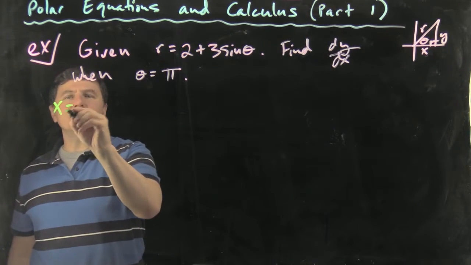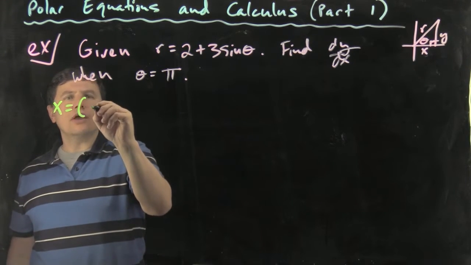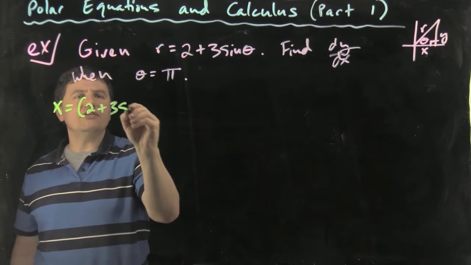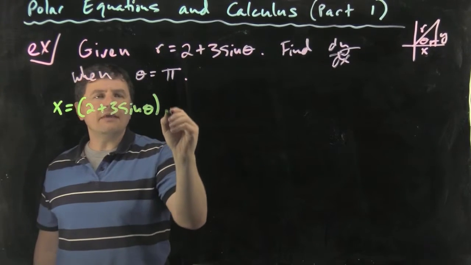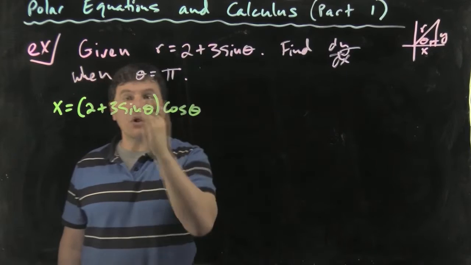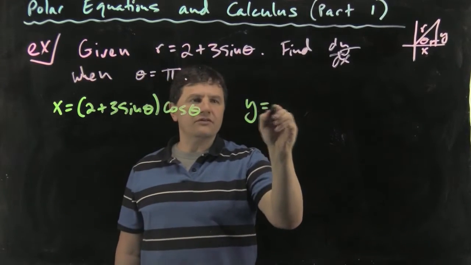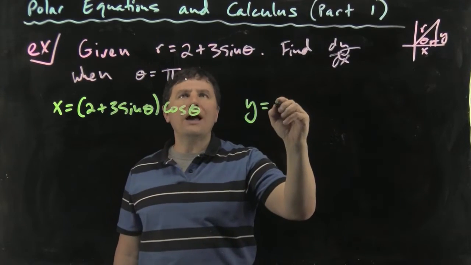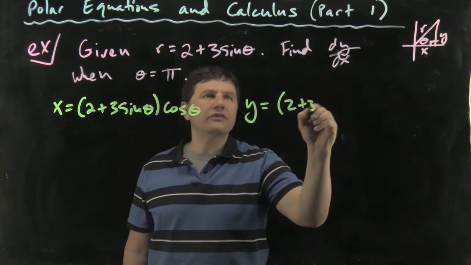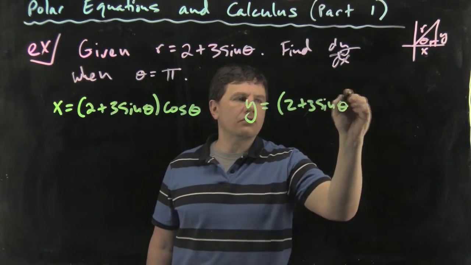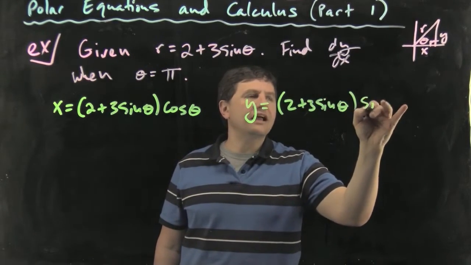So I'm going to get x is equal to r, so that will be 2 plus 3 sine of theta, and then that's cosine, right? So r cosine theta, so we just write this as a function. And y will be 2 plus 3 sine of theta, the r, and then sine of theta.